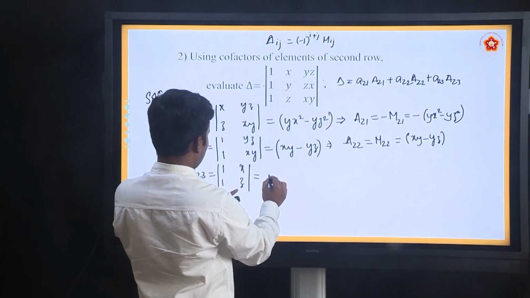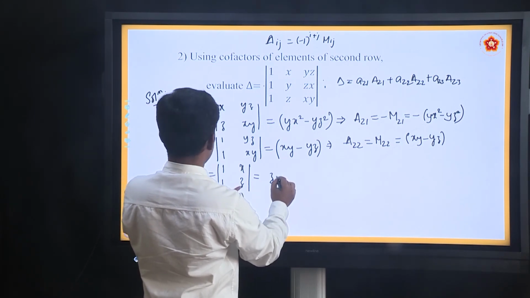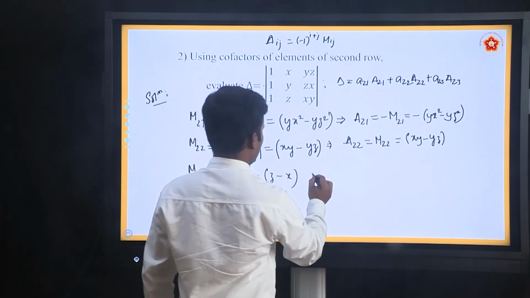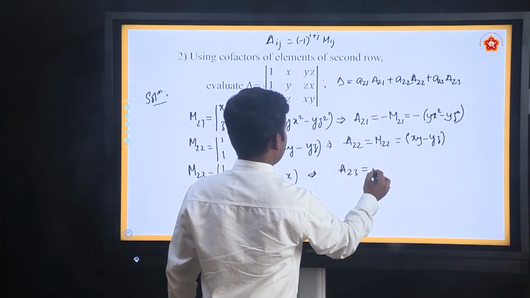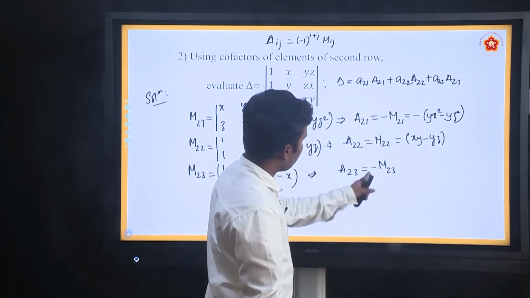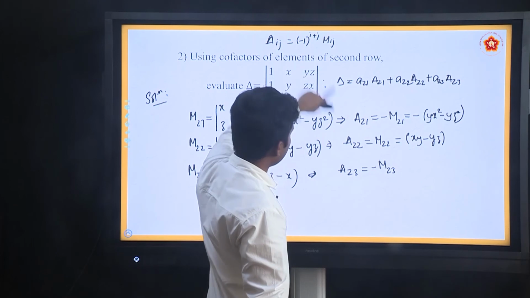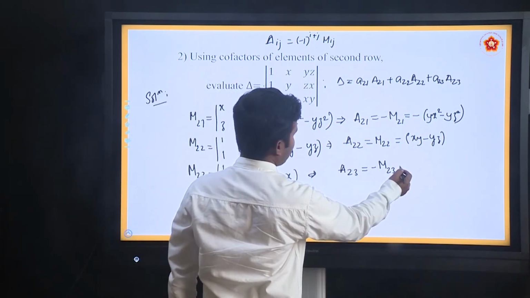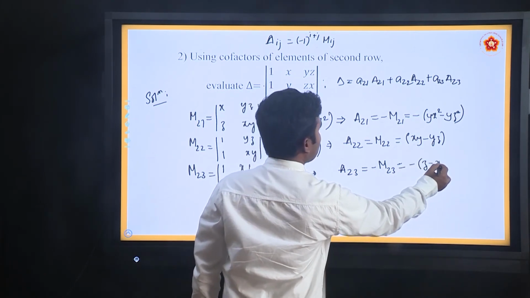If you multiply it, you will get z minus x. Now, what is the corresponding cofactor for this, A23? A23 is nothing but minus M23, because minus 1 to the power 2 plus 3 is minus 1 to the power 5, which is minus, into M23, which is equal to minus of z minus x.